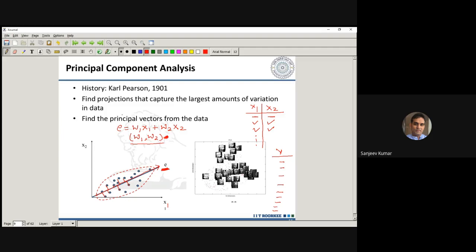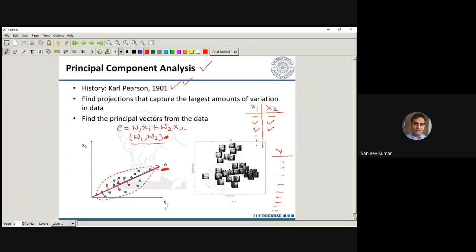So this technique is called principal component analysis. The theory of this was given by Karl Pearson almost 120 years back, and what we do in this is find projections that capture the largest amount of variation in data. It is a statistical technique based on the covariance matrix, a very simple technique.